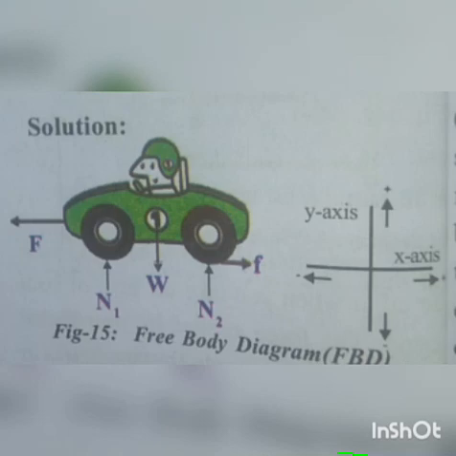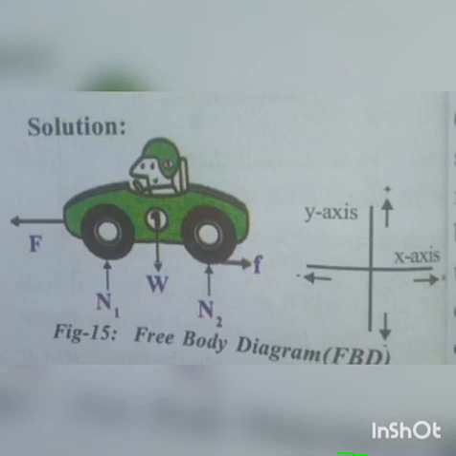Capital F is directed in one direction and small f is directed in the other direction. At the same time, observe the figure, W means weight of the car. The weight of the car is due to the gravitational force. Weight is nothing but mass into gravity.